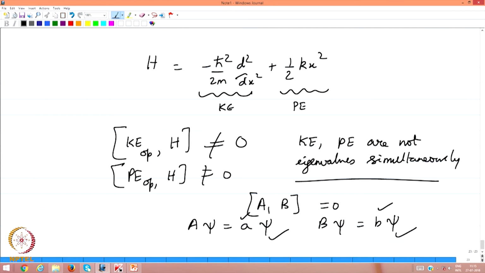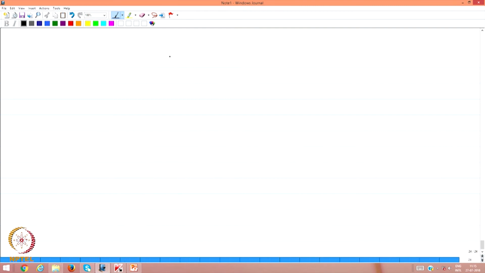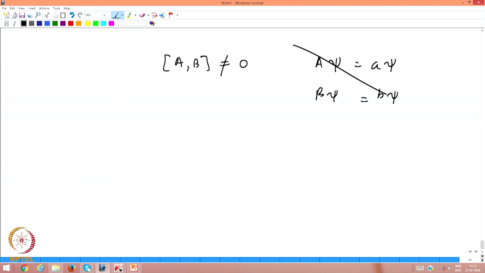However, if the operators do not commute, then it is not possible to define the same psi such that A of psi is given by an eigenvalue equation and B of psi is given by another eigenvalue equation. This is not permissible, and therefore, the potential energy and kinetic energy of a harmonic oscillator at each and every instant of position are not simultaneously definable for a quantum oscillator.